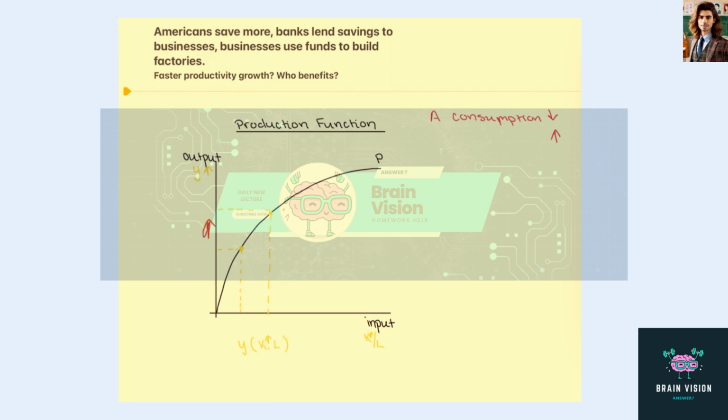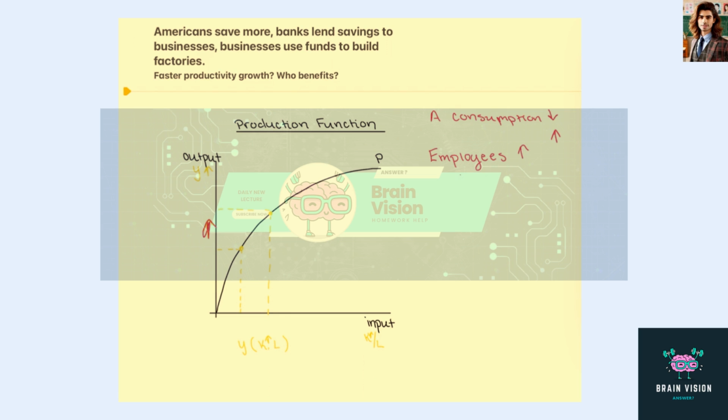So not only will Americans eventually be able to consume more as a result of this higher production rate, but the employees of these factories, these workers, because they're able to produce more, they're more productive, in which case they're going to see an increase in their benefits as well.